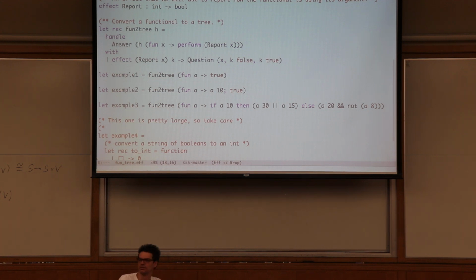What should I answer? That's what the report is doing. Whenever anything is asked of our spy, the spy reports back to us through this operation, us being the handler. And then we tell the spy, why don't you tell them it's false? Or why don't you tell them it's true? Okay, so here's the entire code.